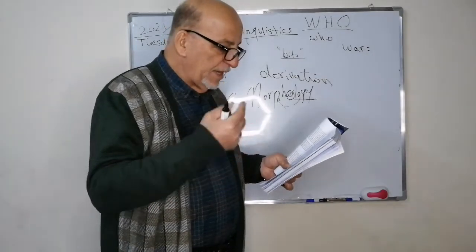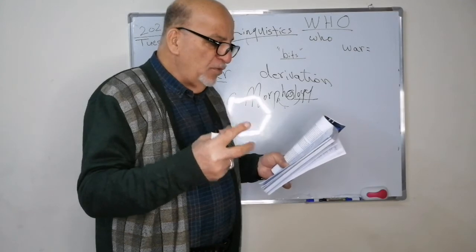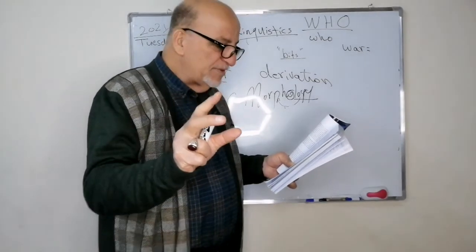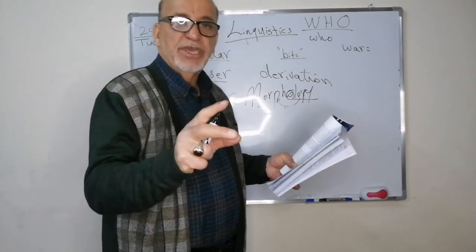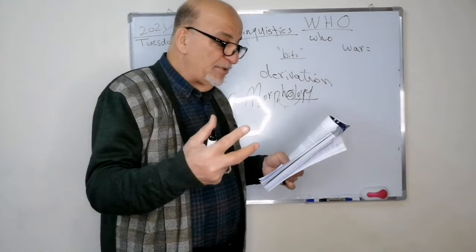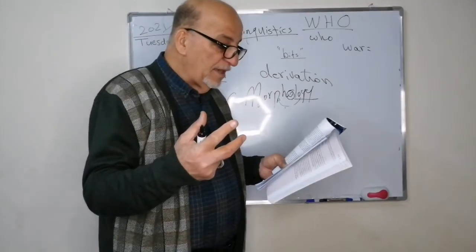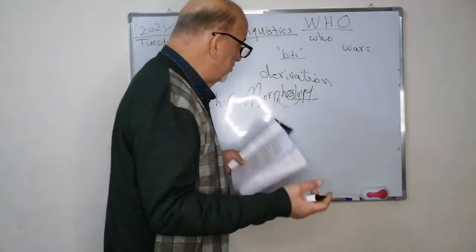I'll talk about these bits. They are bits of the English language that are not usually given separate listings in the dictionary. What does that mean? That they are not usually given a separate listing in the dictionary.